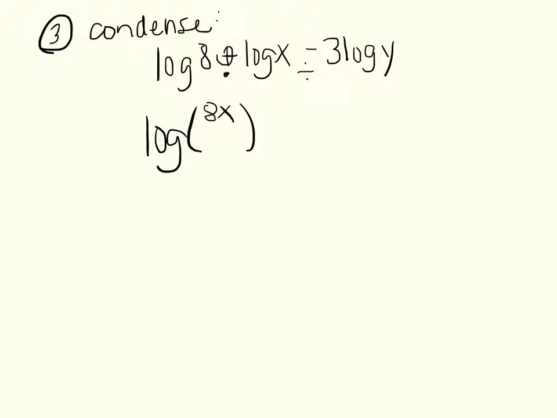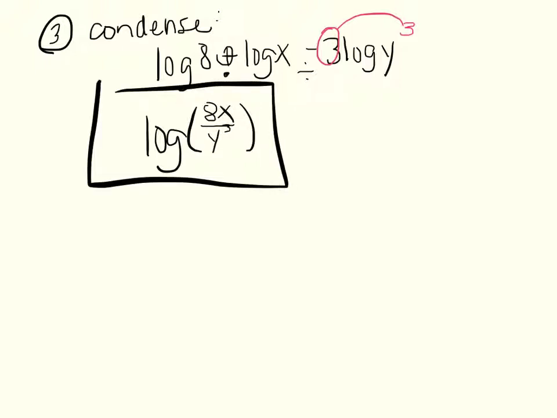So we're dividing by 3 log y. We also have to remember that this coefficient becomes an exponent. So that's going to be y cubed. So when we put it inside here, the minus will give us our division, and we're dividing by y to the 3rd power. So our condensed form would be the log of 8x over y cubed.